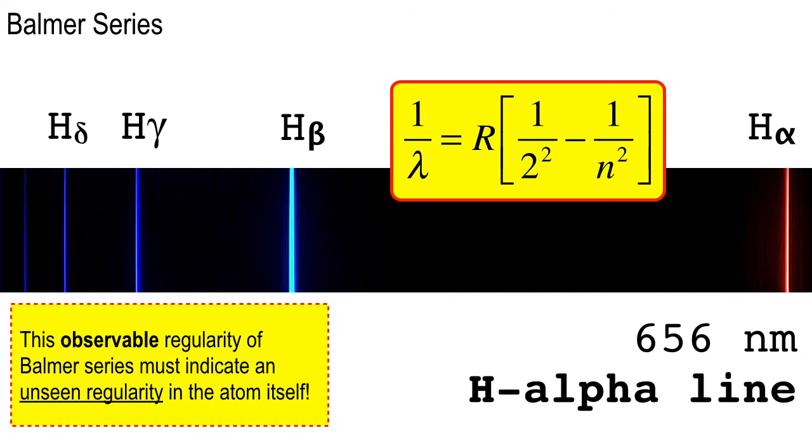Okay, and by looking at the alpha wavelength, 656 nanometers, and all the others, you can figure out something important. And what's important is these visible wavelengths, H alpha, H beta, H gamma, H delta, and all the other series, they're like the fingerprints of hydrogen.